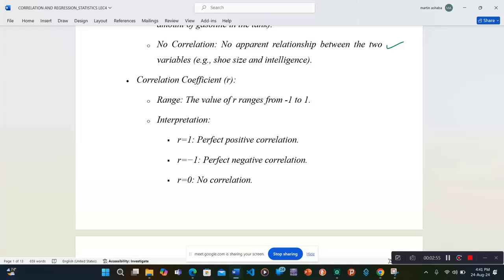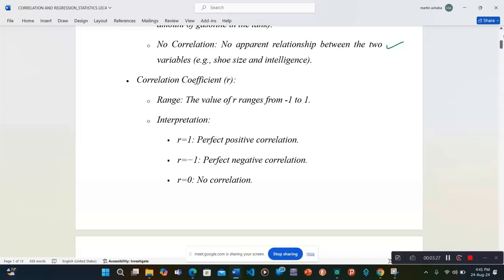But you can establish a relationship between shoe size and age, or shoe size and weight of the body. Because the larger the weight of the body, then probably you could have a bigger shoe size. So there is some correlation. But shoe size and intelligence, no correlation.